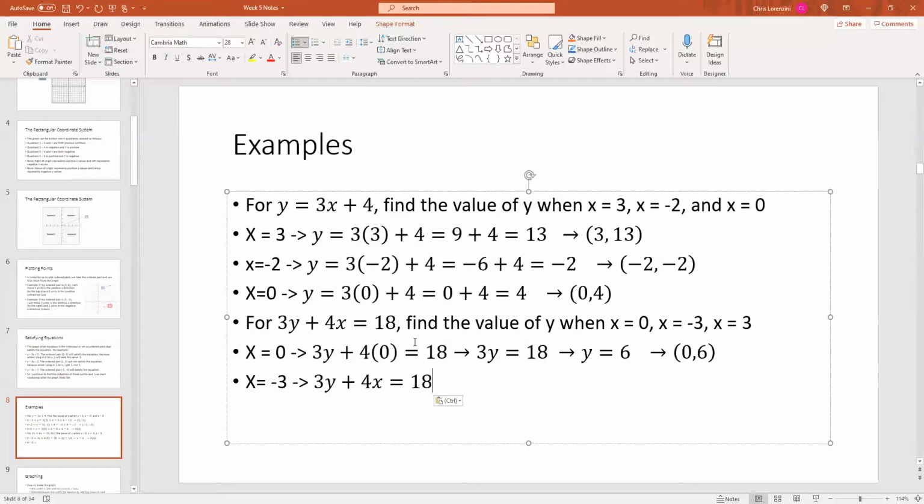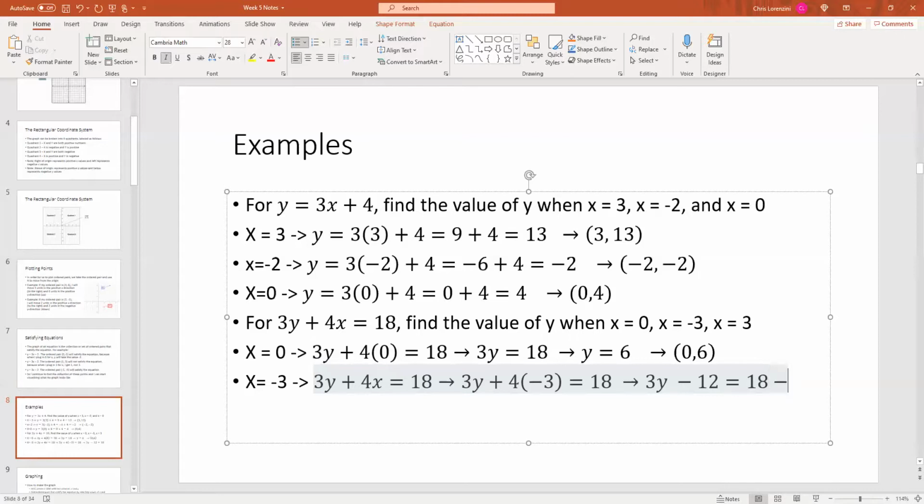x is equal to -3. Same process. Substitute in -3 for x, and I go about solving this equation for y. 3y minus 12, since 4 times -3 is -12, needs to equal 18.